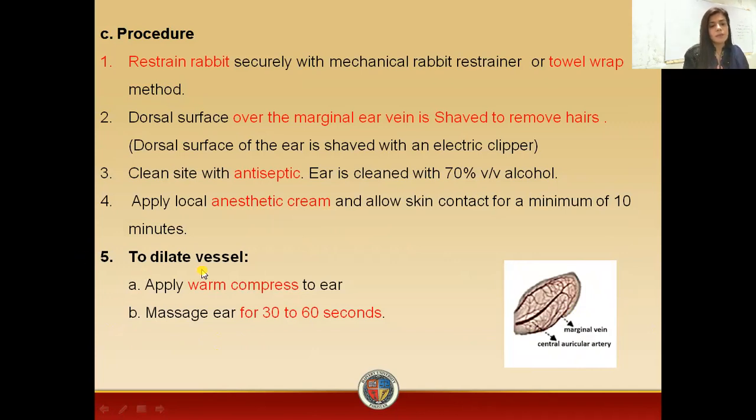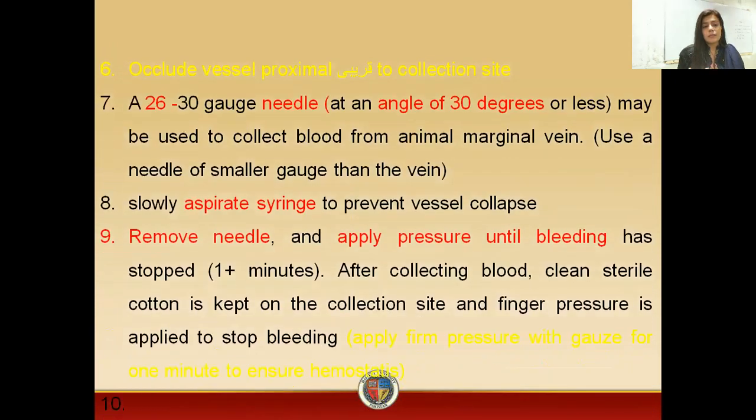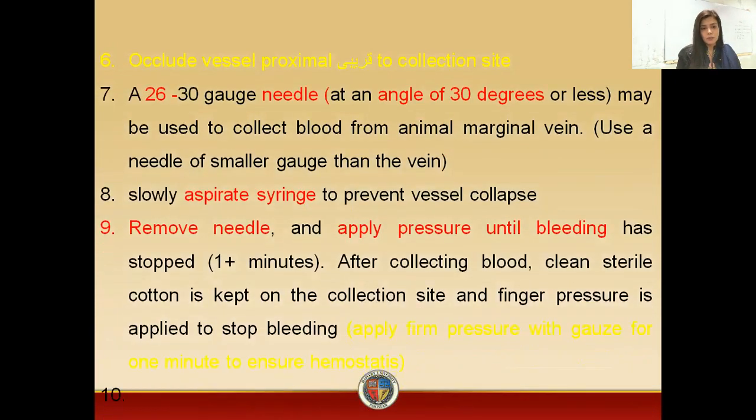Then you will locate the marginal vein. Now if this is not clearly visible, you can apply warm compresses in order to dilate the vein. In order to locate the vein, you can massage the ear for 30 to 60 seconds to make this vein more prominent, to dilate this vein. Now, you will take a syringe with a needle of gauge 26 to 30.